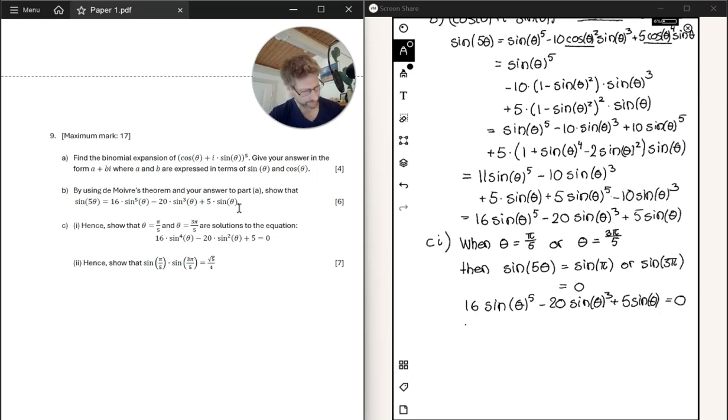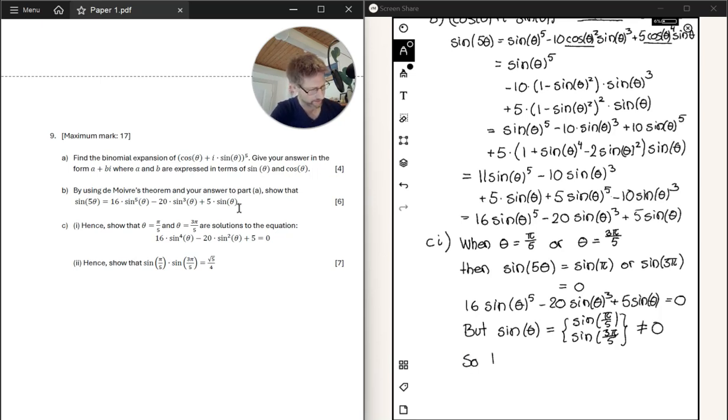But sine of theta itself is equal to either sine of pi over 5, or it's equal to sine of 3 pi over 5. Both of these are definitely not 0. So when this expression has a common factor of sine of theta that is not 0, we can actually divide with it on both sides.